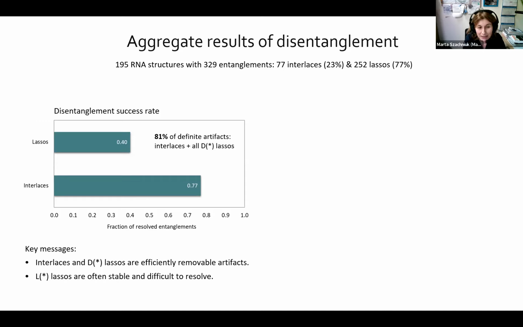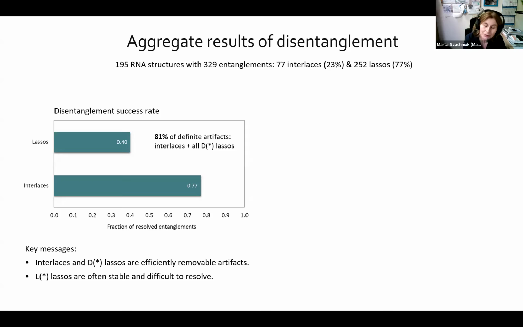So what we found was that over 70% of interlaces could be resolved with the protocol, and around 40% of lassos.